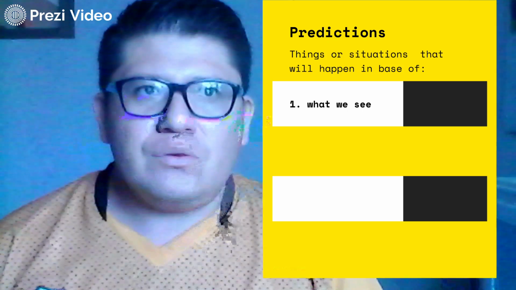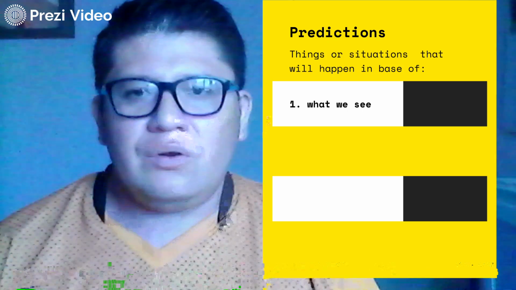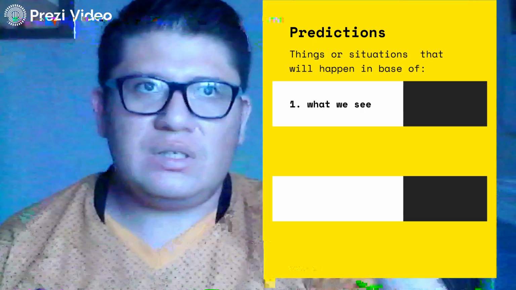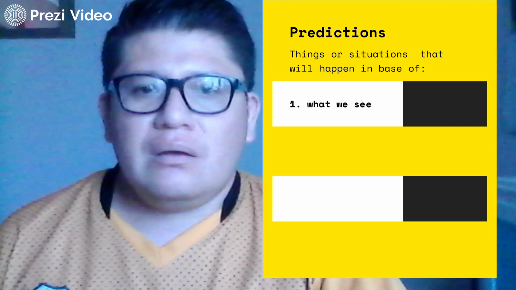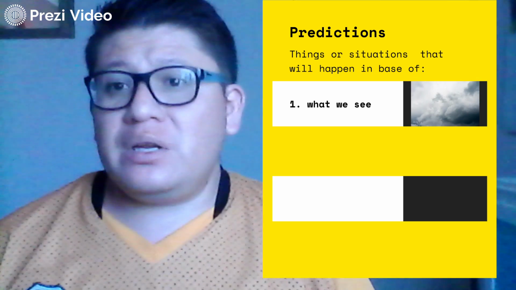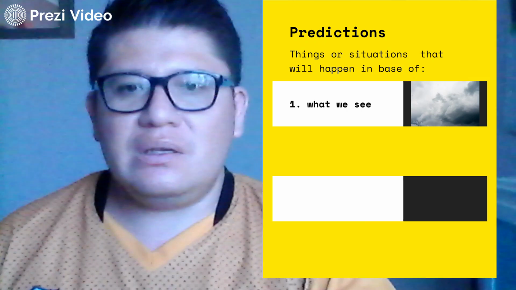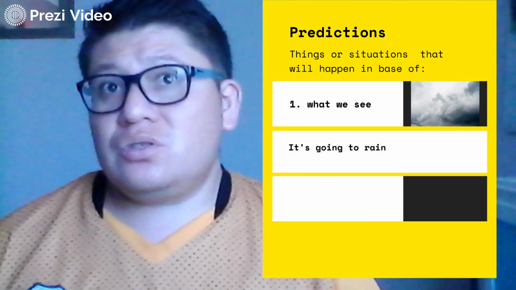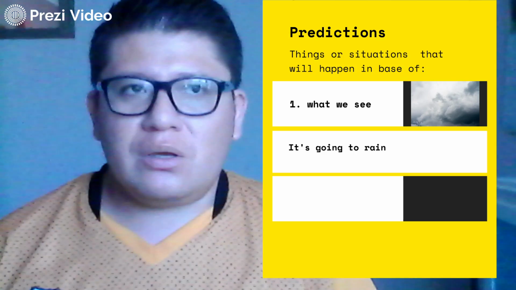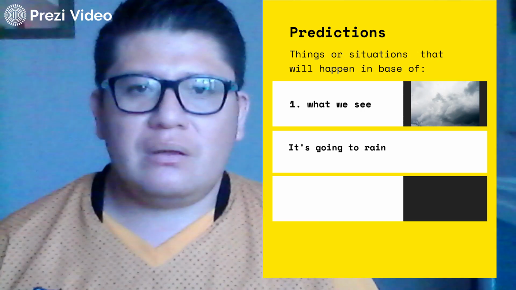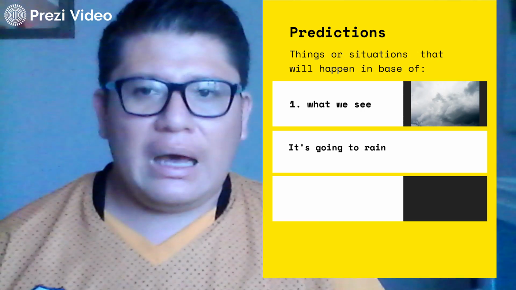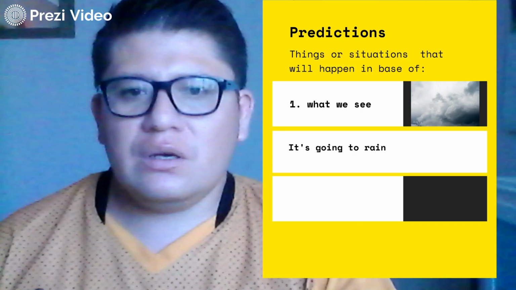For example, if you go out from your house and you see that there are a lot of clouds in the sky, you can predict that it's going to rain, because this is something that happens when there are a lot of clouds in the sky.